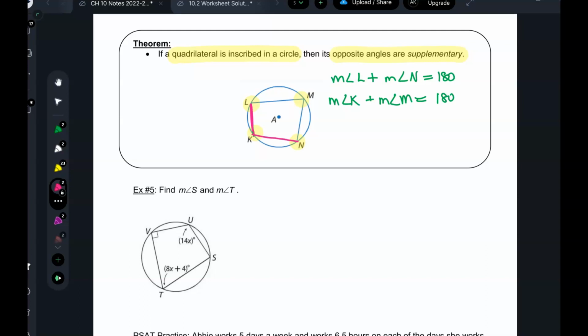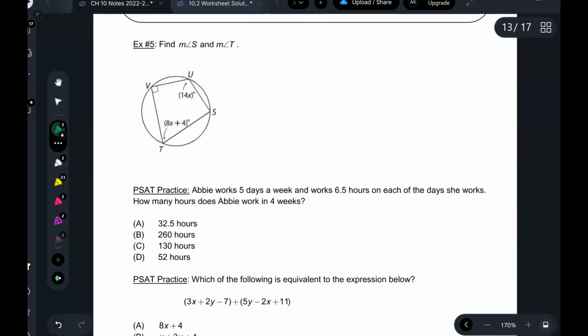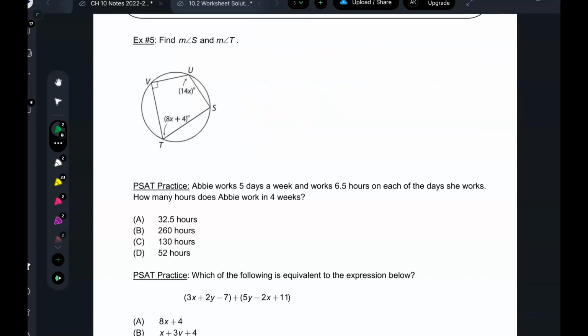And then doesn't M have to be half of this arc? But what do those two arcs have to add up to? 360, right? So what we end up with, if we do that twice, is that the two angles have to add up to 180.